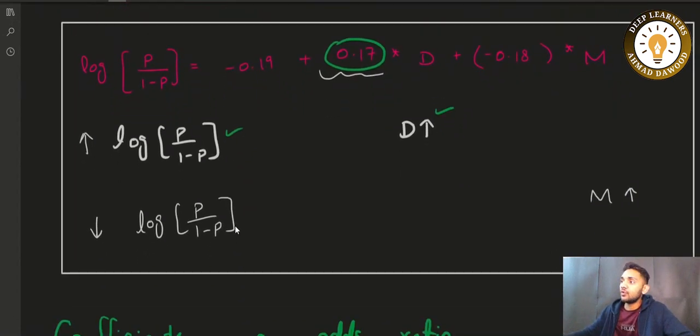In the same way, if you increase male from 0 to 1, first you have male equal to 0 meaning female, and you now change it to male equal to 1, your log of odds will decrease, because male has a negative coefficient of 0.18 here.